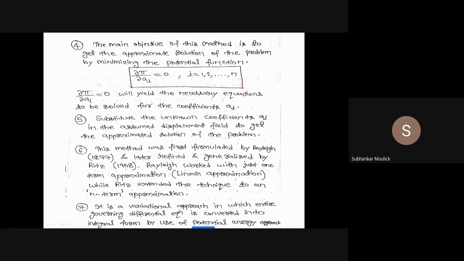This method is nothing but a variational approach in which the entire governing differential equation is converted into integral form by the use of the potential energy approach. This is the main concept of this method.